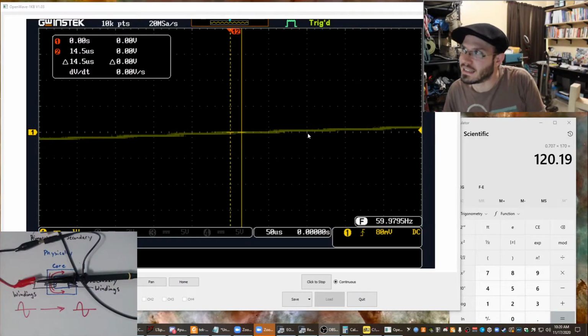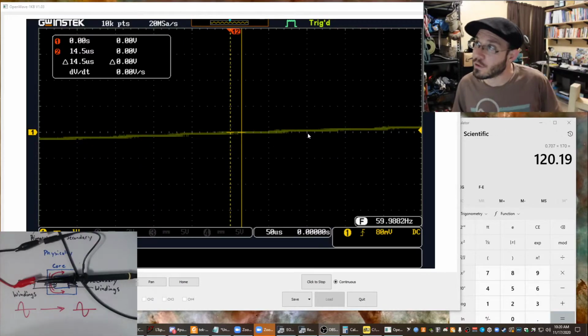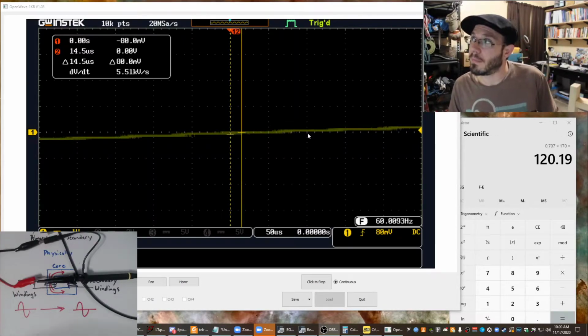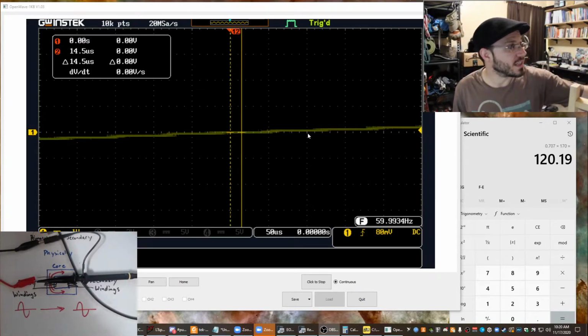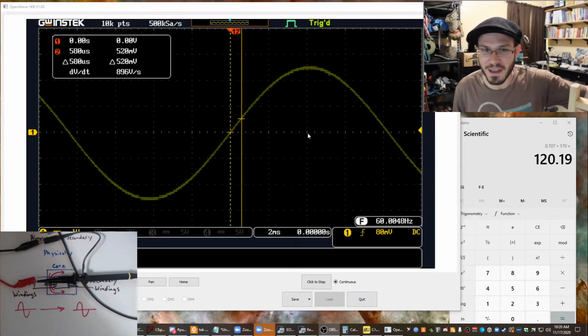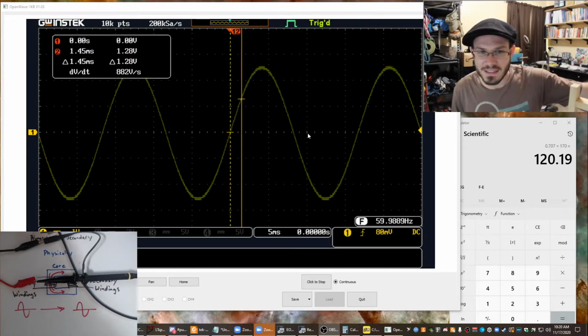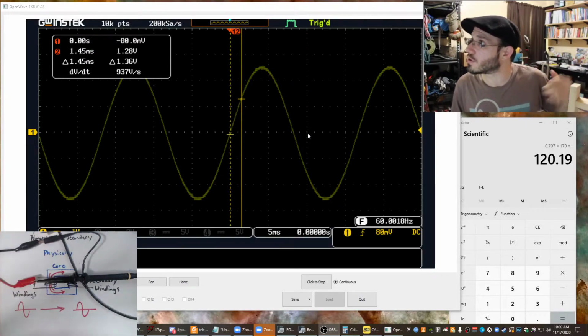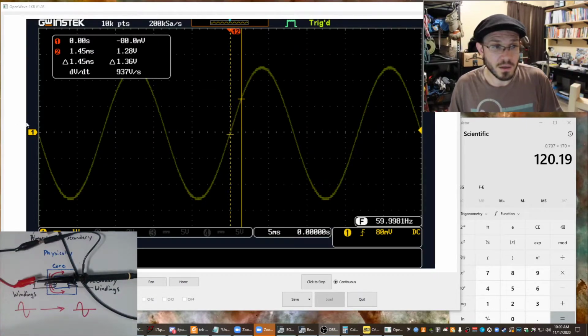Okay, so I'm now at 60 hertz. I'm at 60 cycles per second. However, if you notice, my oscilloscope is quite a bit zoomed out. If I go ahead and change the scaling, you can see I'm getting back my, okay, there we go. And now I can see about 3 cycles on my screen. 1 cycle here to here, 2 cycles from here to here, and 3 cycles from here to here.